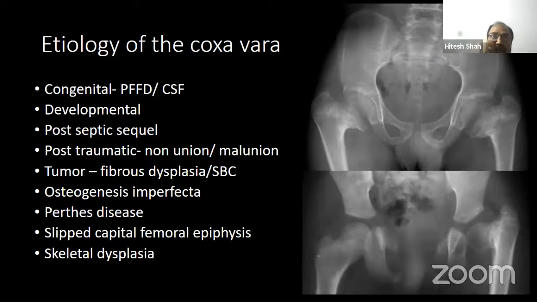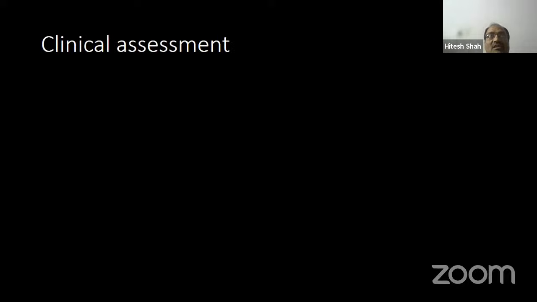Another very common cause is spondyloepiphyseal dysplasia or spondylometaphyseal dysplasia, which affects the growth of the entire skeleton including the proximal femur, leading to symmetrical or sometimes asymmetrical coxa vara. Many times the cause will be unknown.